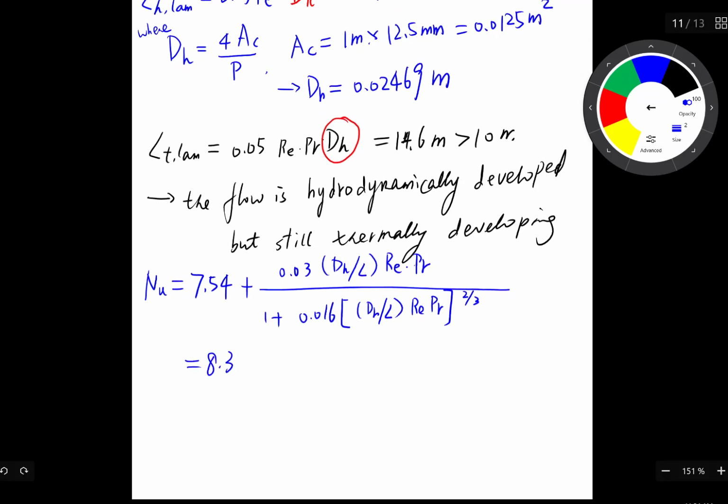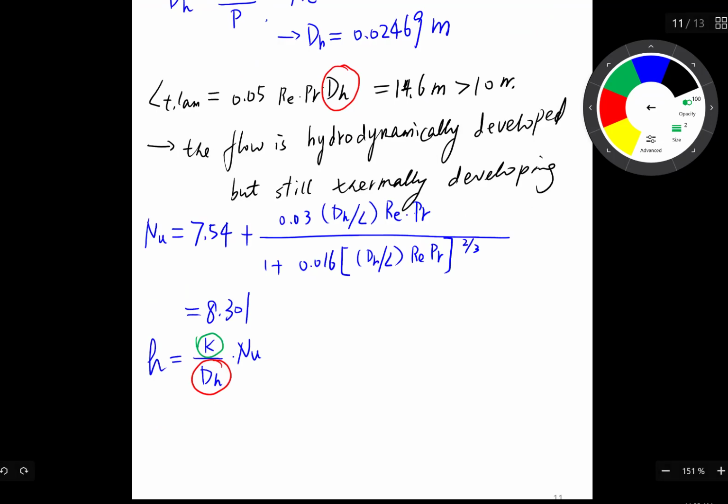Plug in numbers, and from here we can find the convection coefficient. Note again, this D should be the hydraulic diameter, and this k should be the thermal conductivity of glycerin at 30 degrees Celsius.